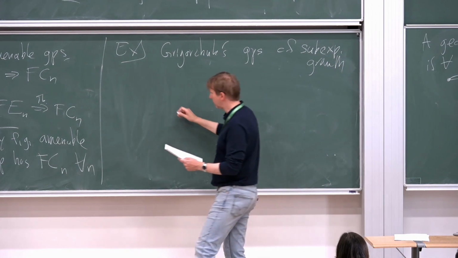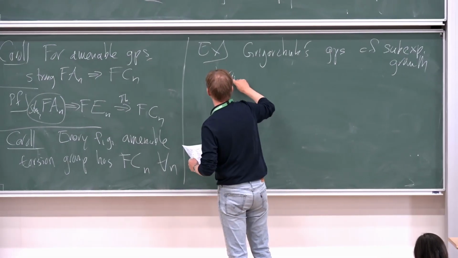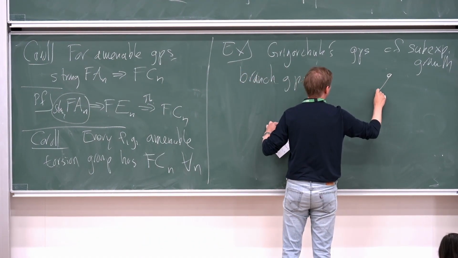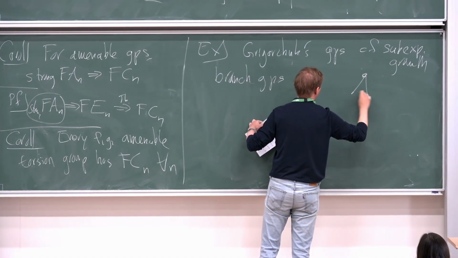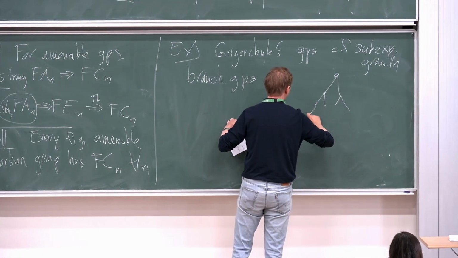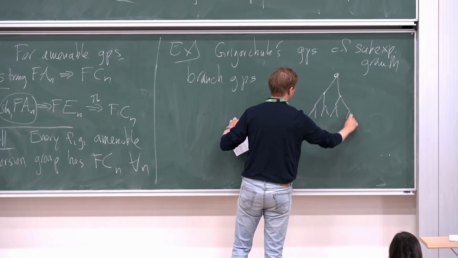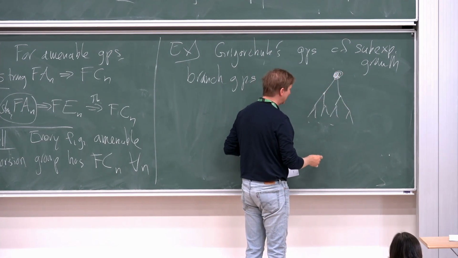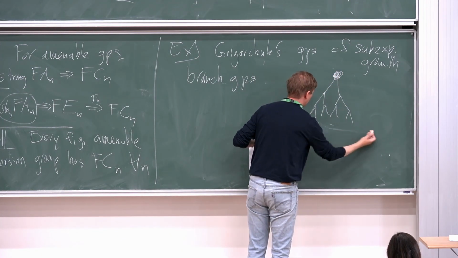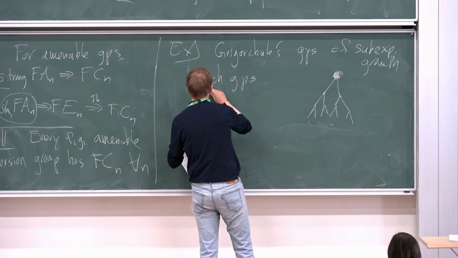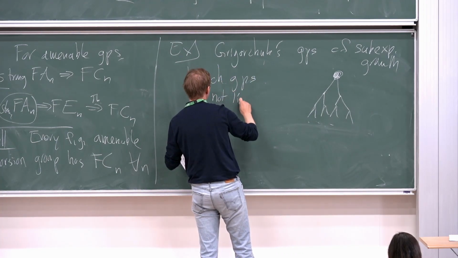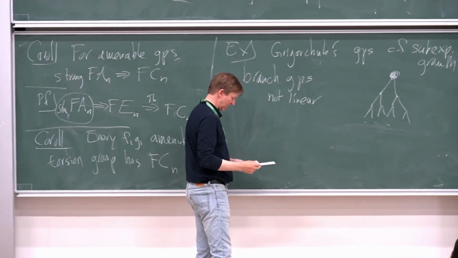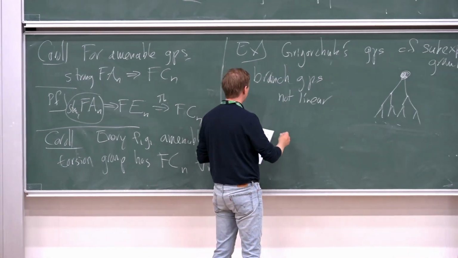And more generally, so-called branch groups, which are automorphism groups of rooted trees. So I mean, it has this global fixed point, as it should, because they are not linear. Many of them are not linear, from what I understand.